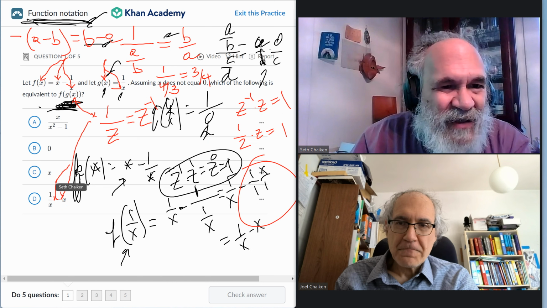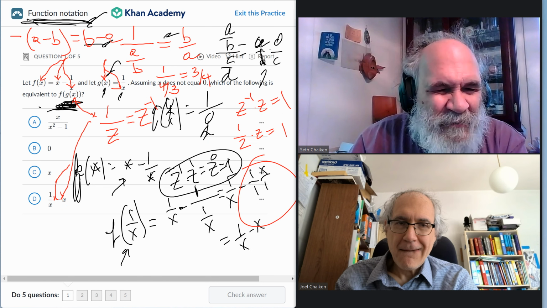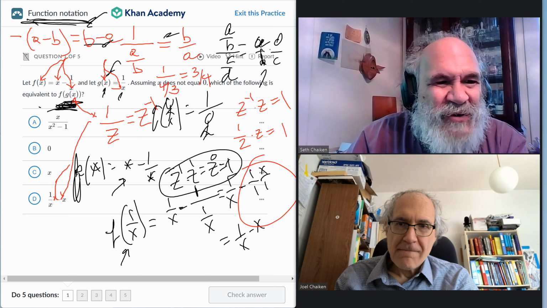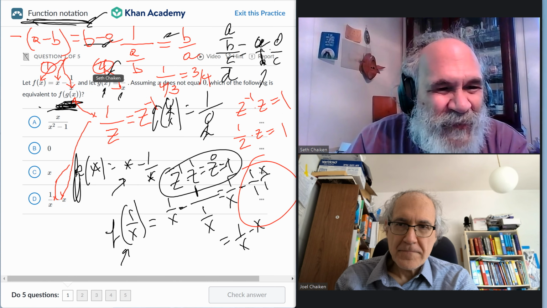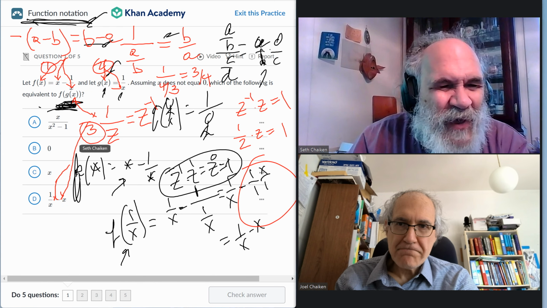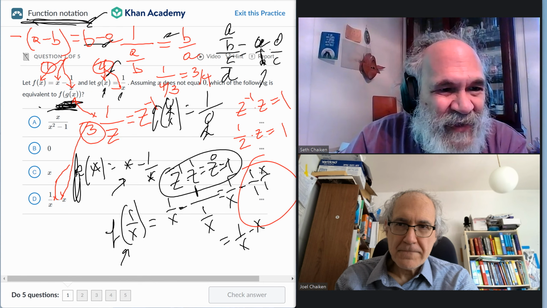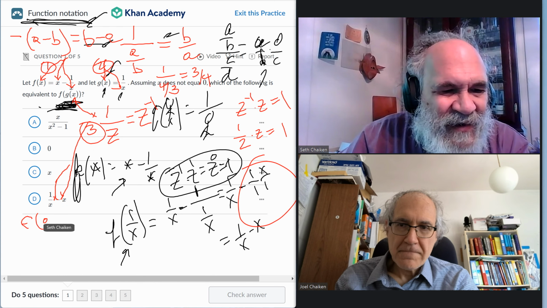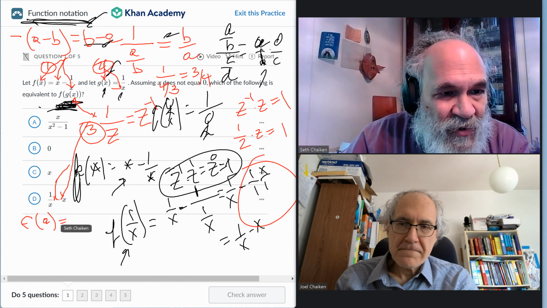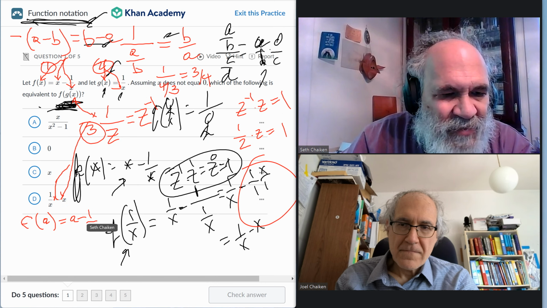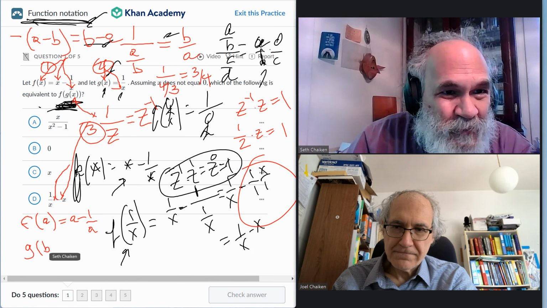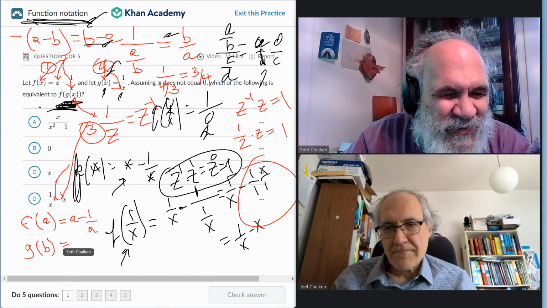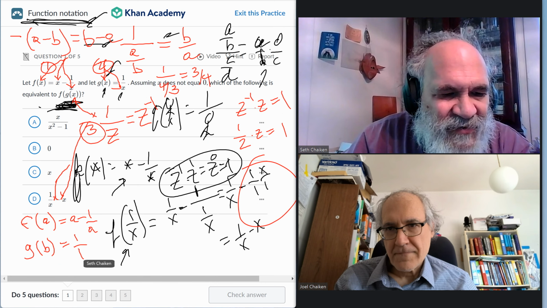When the going gets rough, it is helpful to rewrite. Here's 1, here's 2, and here's 3. You could rewrite 1 as f of a equals a minus the multiplicative inverse of a, and g of b equals the multiplicative inverse of b.